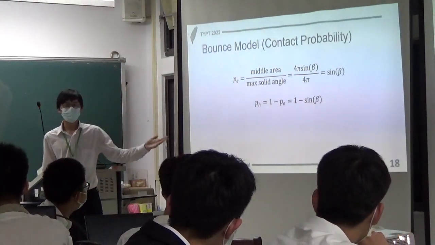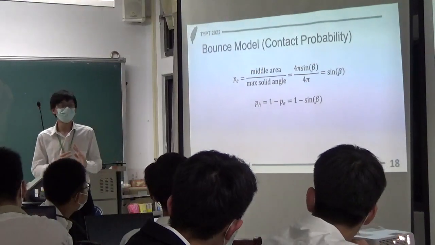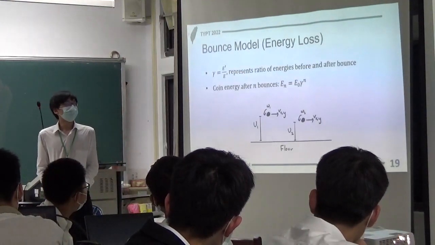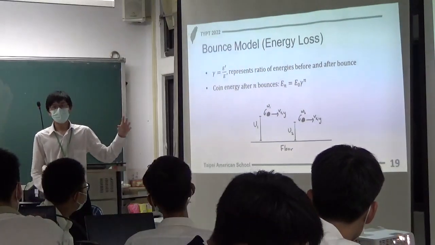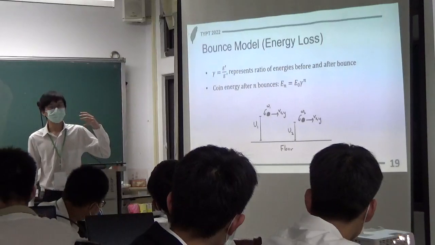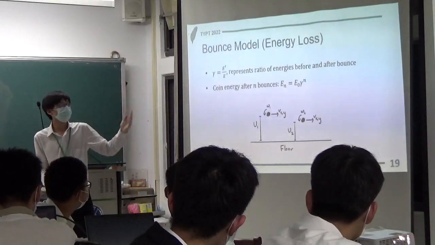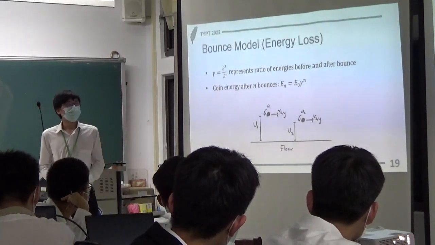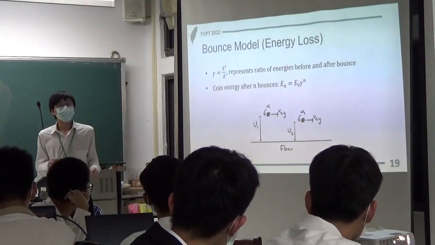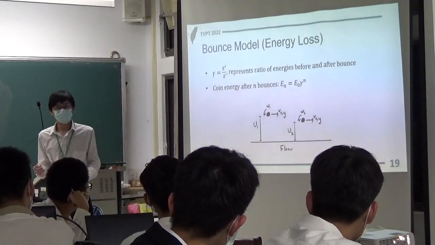And as a result, we can find P of H, the probability of a head-induced bounce, which is equal to 1 minus sine theta. So now that we know how a die can land, we can model its energy using gamma, which is the energy after divided by the energy before.